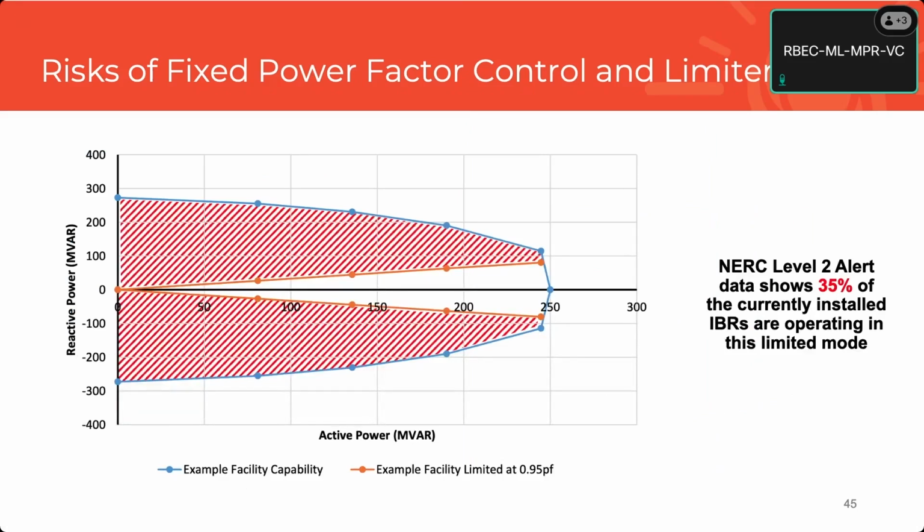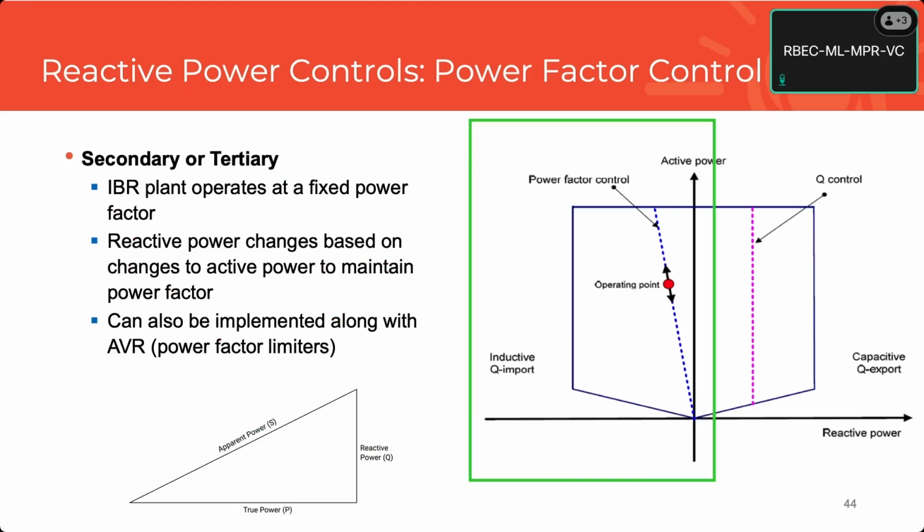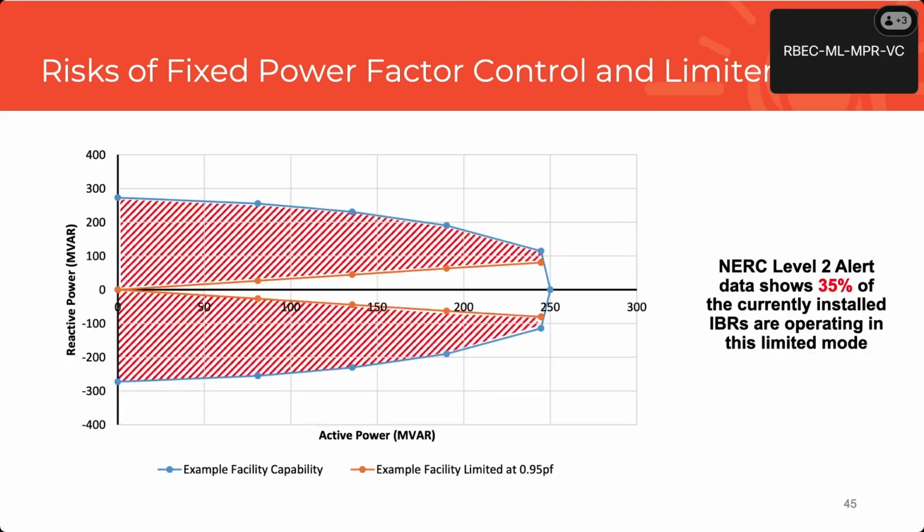It's not one of the best ways to control your facilities, in my opinion, and we kind of saw this as an industry with Iberia and their blackout. A lot of the IBRs were operating in fixed power factor mode, which means not power factor limited, but just fixed, which is exactly what we talked about here as it goes up and down. And what you get is that little triangle, right?